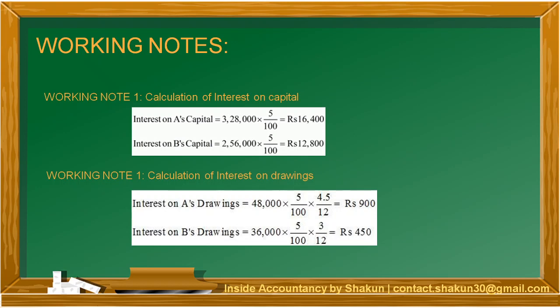The rate of interest on drawings was given as 5% and the average period in case it is withdrawn at the end of each quarter, the average period is 4.5, and when the drawings are made at the end of each half year, the average period is 3, thereby giving us the answer of 900 and 450 respectively. Relating to interest on drawings, you can watch my previous video for better clarity of the concept.